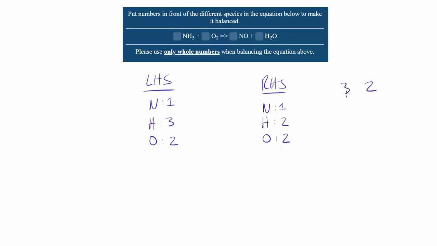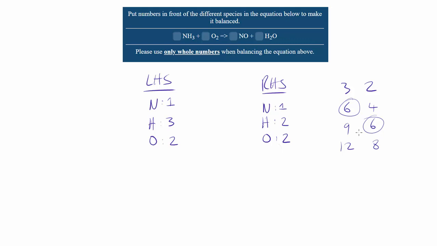For 3, you're going to go 3, 6, 9, 12. For 2, it's going to be 2, 4, 6, 8. So as you can see, the lowest common multiple is 6.